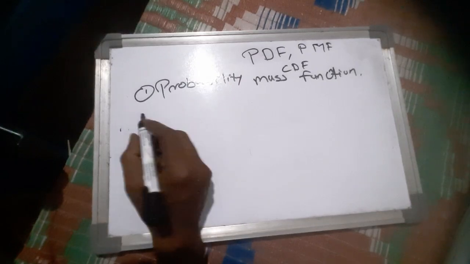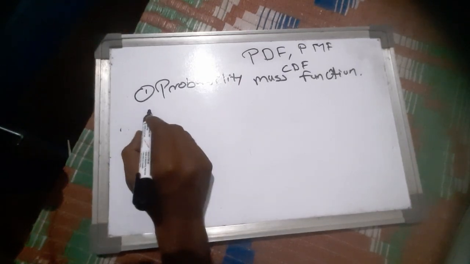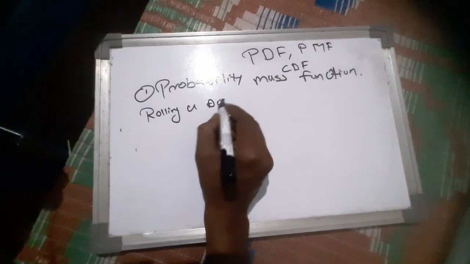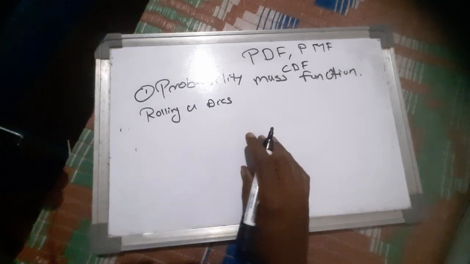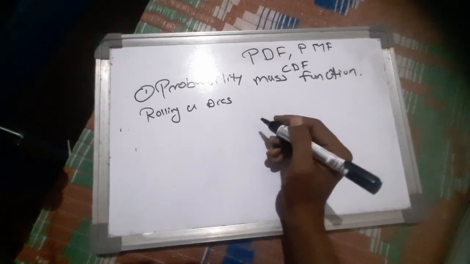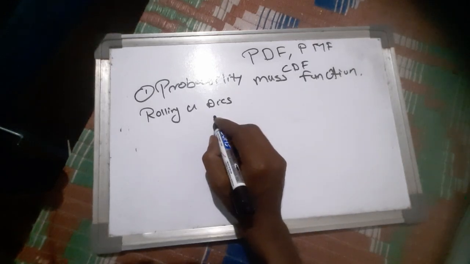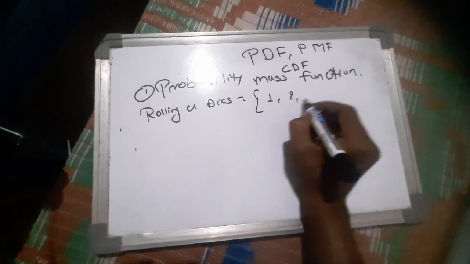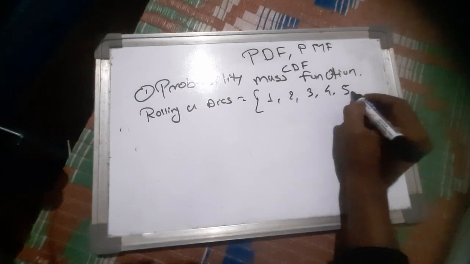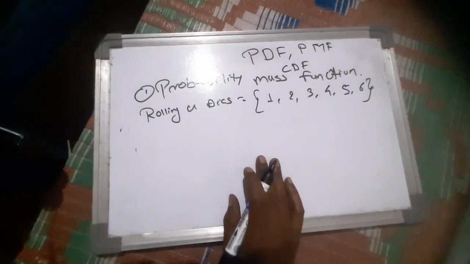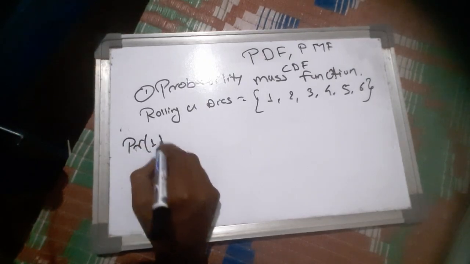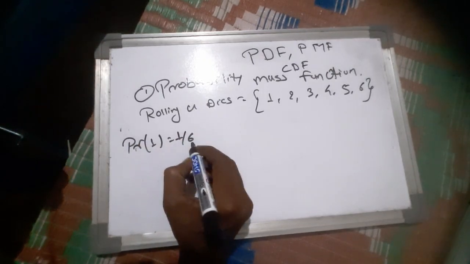The first example is rolling a dice, and the outputs are 1, 2, 3, 4, 5 and 6, right? And what is the probability of 1? The probability of 1 is 1 by 6.